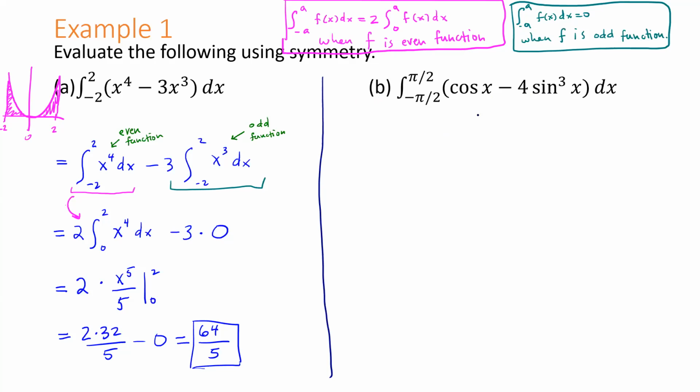Okay, so what kind of symmetry do we have with part B? I'll look at each term separately again. So for the first term, negative pi over 2 to positive pi over 2 cosine x.